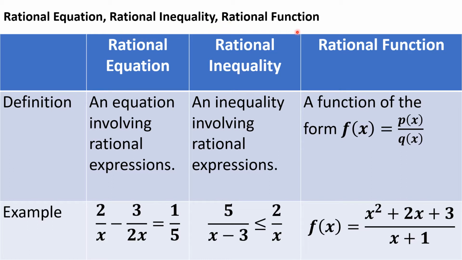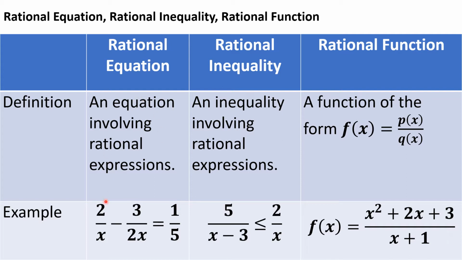For the definition of a rational equation, it is an equation involving rational expressions. When we say rational, we think about fractions. Take note that even a whole number is also a rational, with a denominator of 1.